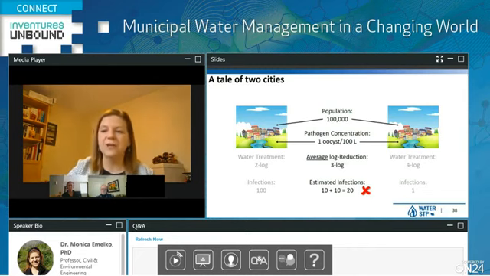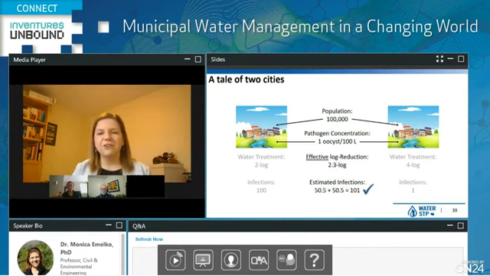In contrast, if we do the math the other way, where we're now taking the log of the averages, we again go through this same process and we see a different outcome, which is that our effective log reduction, a phrase that we've suggested based on this work to emphasize that it's not an average of the logs, is 2.3. And then when we go through these calculations again, we do in fact get the correct estimate of the number of infections in the 2 cities, and it adds up to 101.